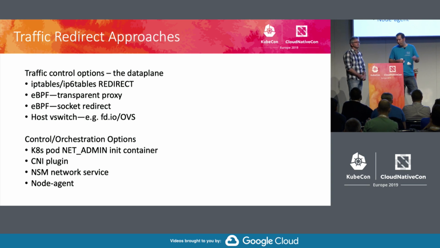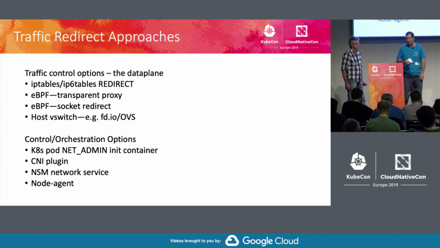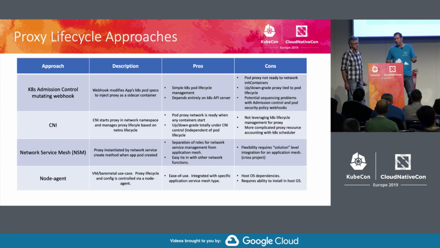And there's a project called NSM that could be used for injecting an interface into a pod and connecting a proxy with that. And if you're a VM or a bare metal node, there's a node agent that would handle all the traffic redirect setup for that. So those are the basic solutions.